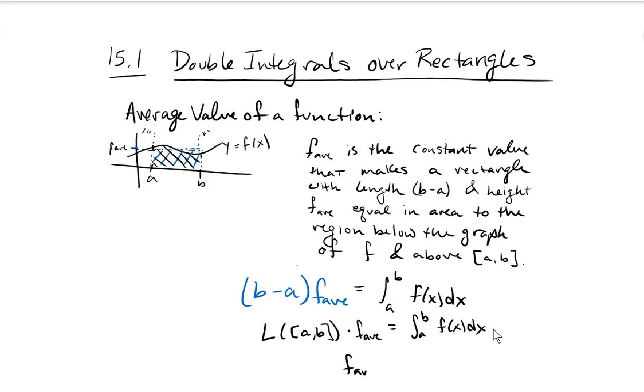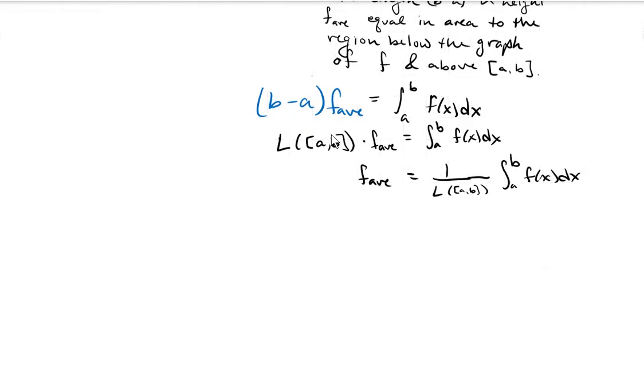Well, that lets you solve for f average very easily. It's just 1 over the length of the interval times the integral from a to b. Usually you just see this written as b minus a instead of length ab.